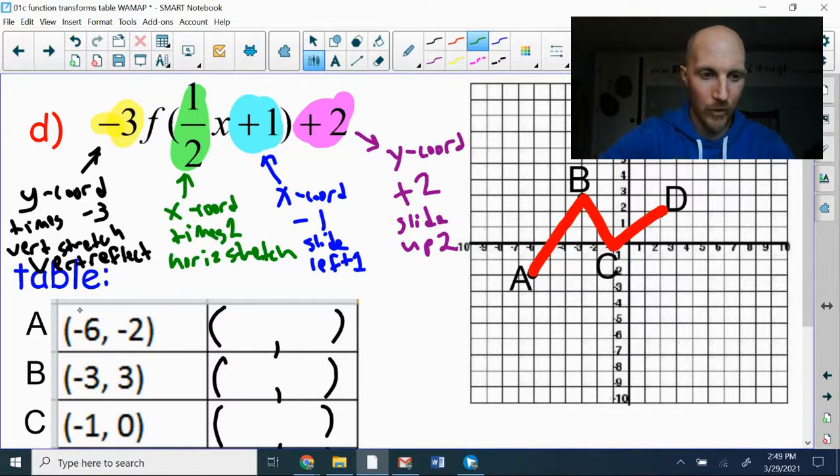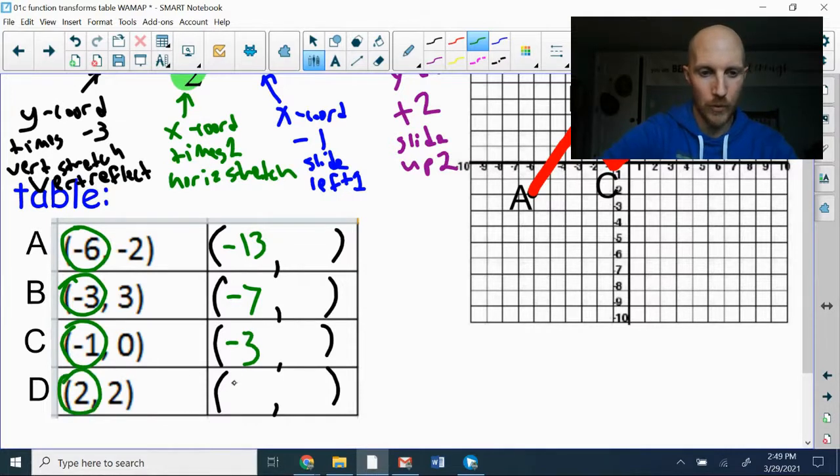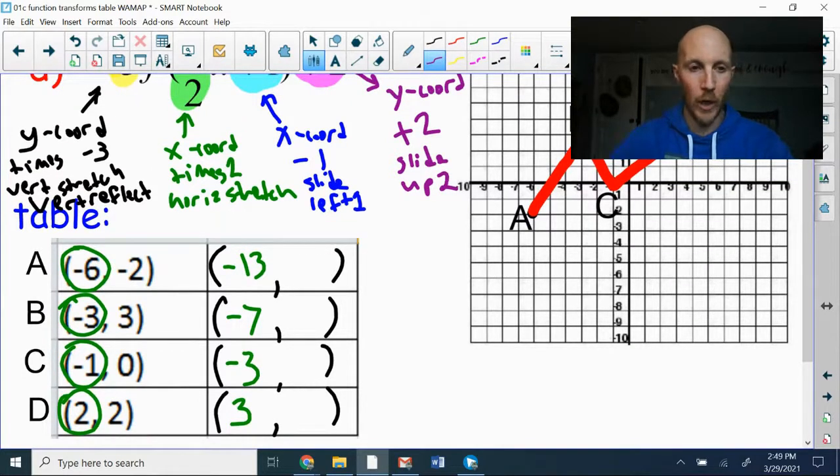So I'm going to take the x coordinate, which is -6, times 2 is -12, and then subtract 1 will be -13, which is not going to fit on my graph. That is all right. -3 times 2 is -6, -1 is -7, -1 times 2 is -2, -1 is -3, 2 times 2 is 4, -1 is +3.